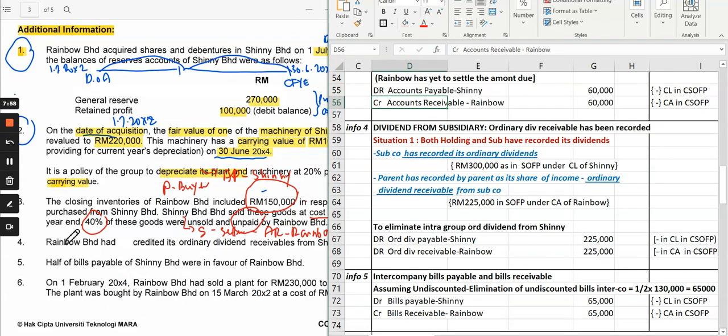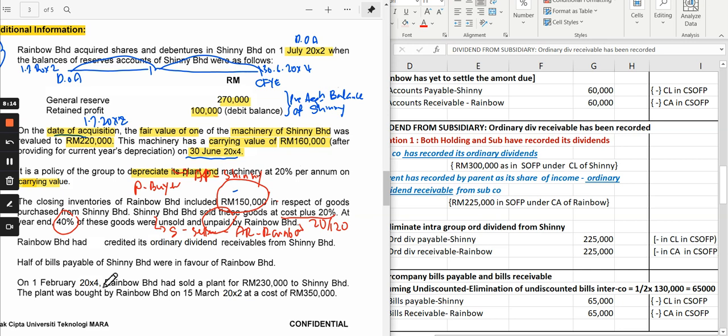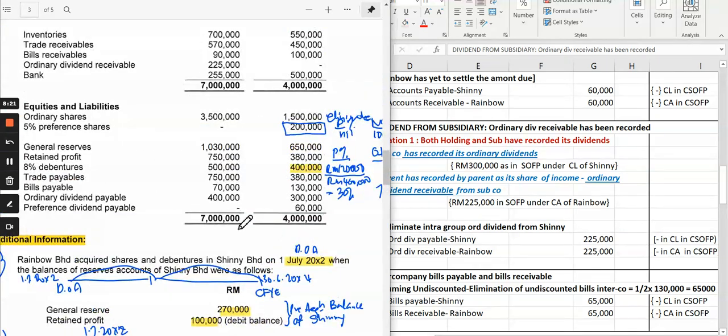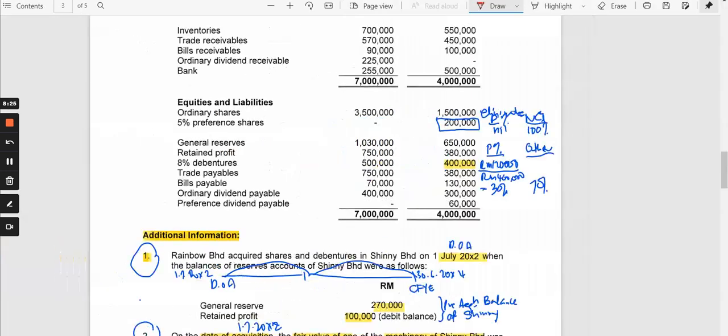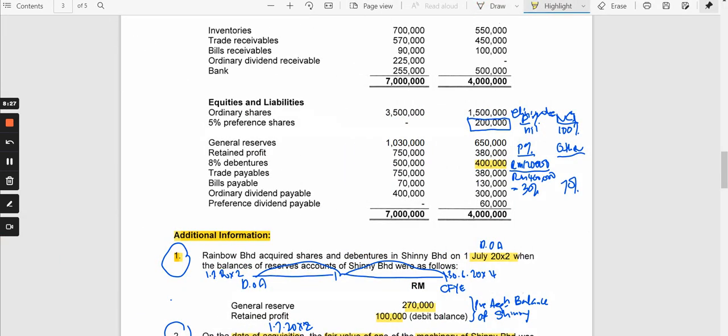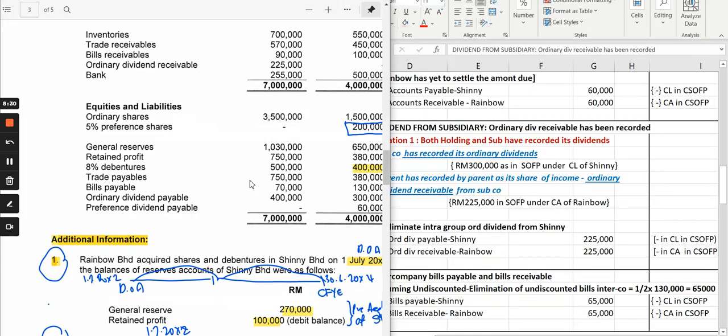Next one is information number 4, accounts payable and account receivable. Information number 4 is on income from subsidiary, and particularly this is on dividend from subsidiary company. So if you look for number 4, Rainbow had credited its ordinary dividend receivable from Shini. So the question clearly informs you, but you can also know where it is by referring to the information given that this has actually happened.